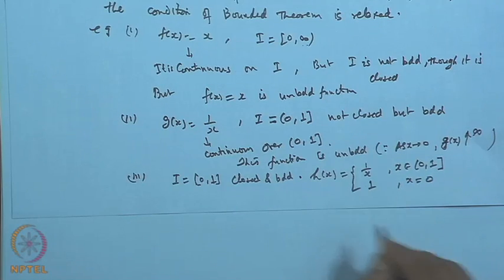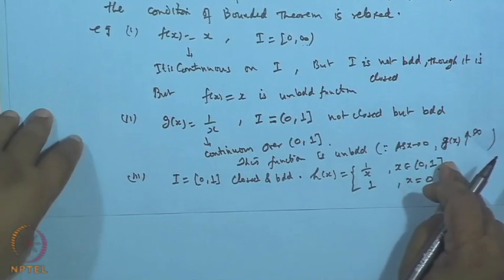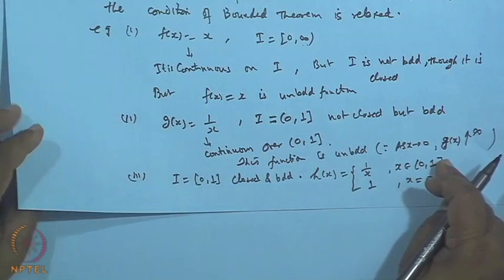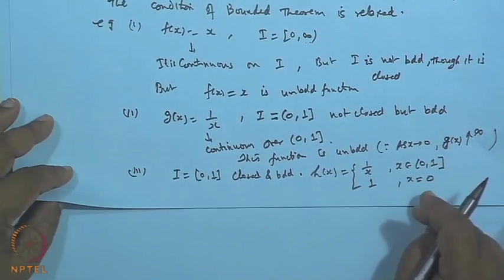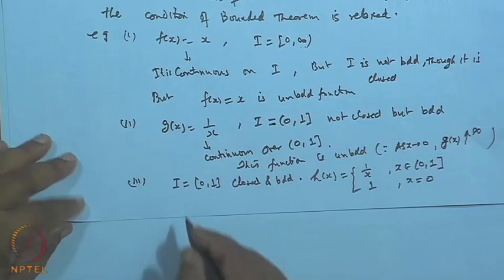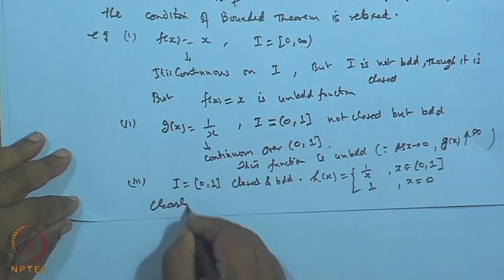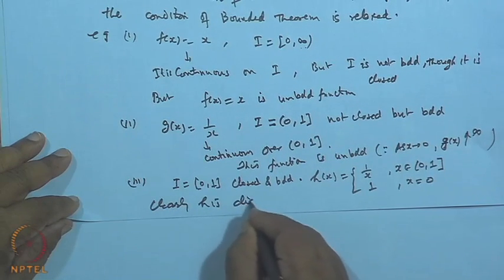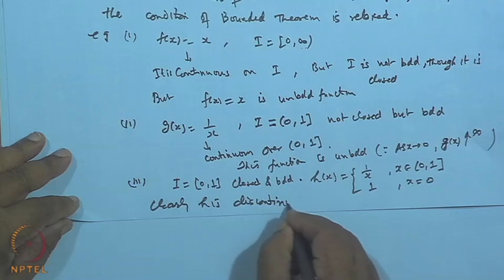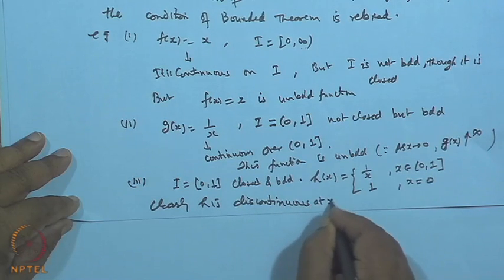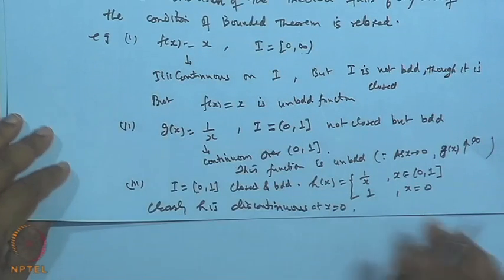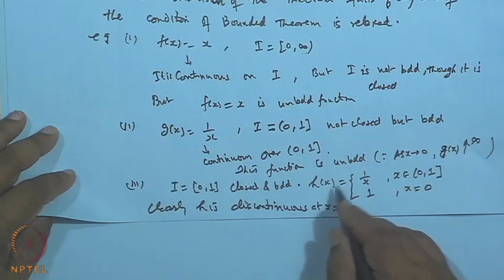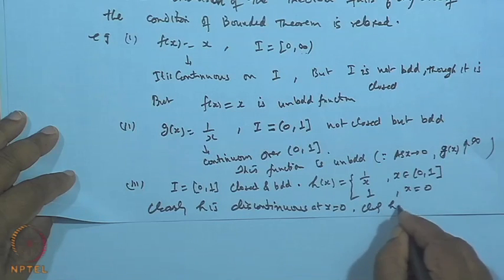I define this function. The function is continuous over (0, 1], but it is discontinuous at the point 0. Clearly, h is discontinuous at x = 0. So again, the conditions are not satisfied, and obviously h is unbounded.